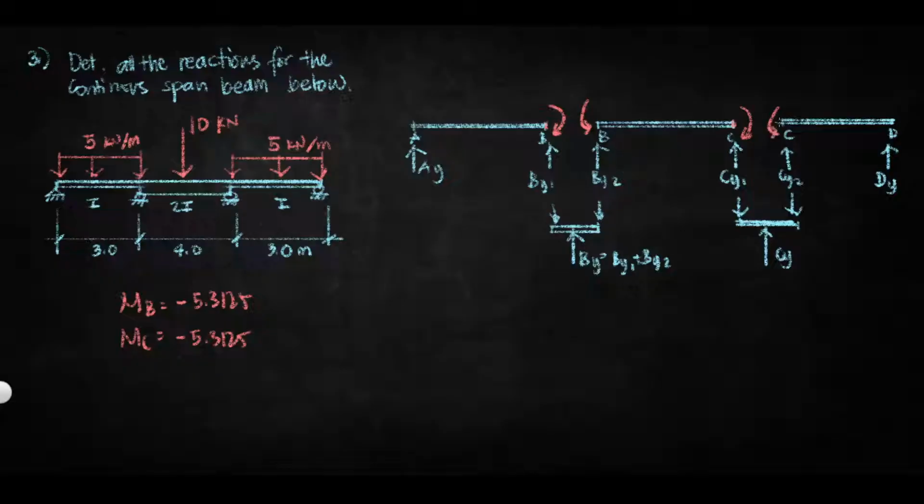Then, ganito naman sa panel or span CD. So, lagay po natin dito negative 5.3125, negative 5.312. Then we have here, huwag mo kalimutan yung mga internal or external loadings natin.